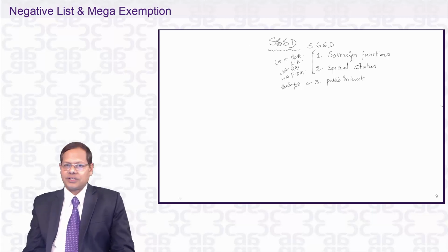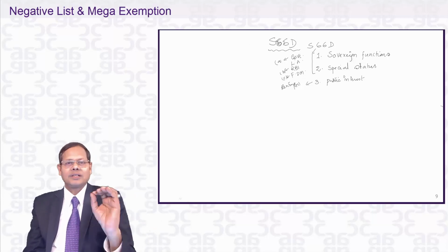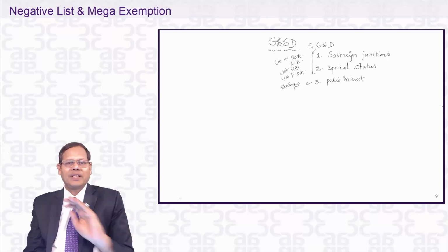So banking transactions, you are depositing money or you are withdrawing money, like that. Day-to-day general transactions are there. So if you impose taxes on those transactions, people don't go to banks, they don't deposit, they don't withdraw. There would be confusion and chaos, and a lot of inconvenience. So public interest demands that such services should not be taxed.